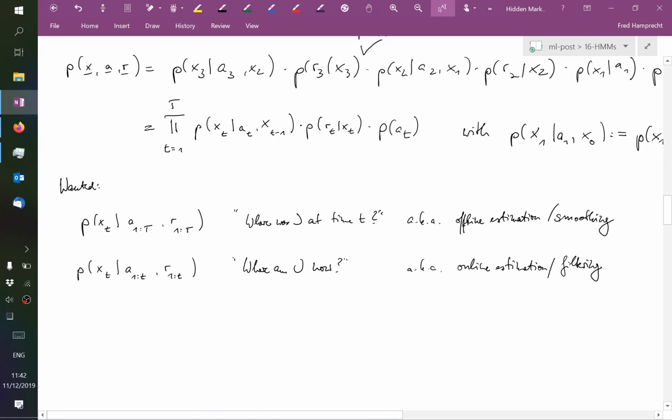So the first kind of problem, you can only solve at the end. Let's say you have a recording of things the robot did and things it measured, and then after the fact you try to find out where it was at some time small t. And the second setting is more interesting for real-time applications. You try to find out where am I now, given all my actions to date and given all my measurements up to date.